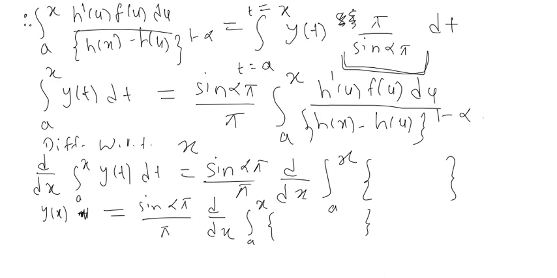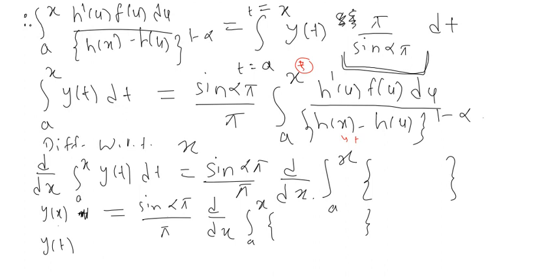Now again, what I will do is I will change this x and write it in terms of t. Wherever there is x, I will put t. So here this will become t and this will become t. Okay, so let me write it properly.